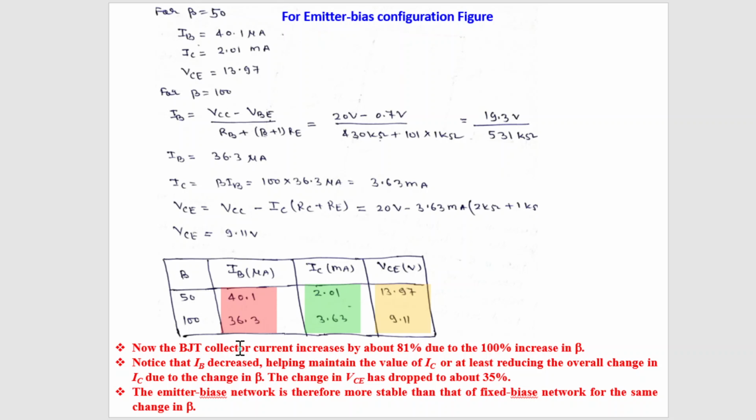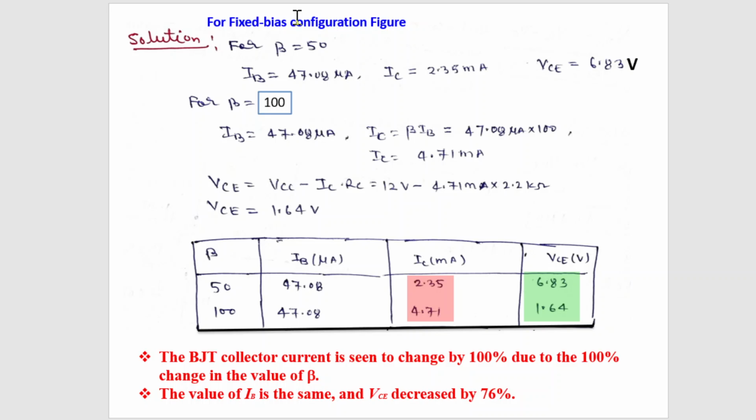The BJT collector current increased how much? 81% due to a 100% increase in beta in emitter bias configuration. But in fixed bias configuration, collector current was increasing 100% due to a 100% increase in beta.